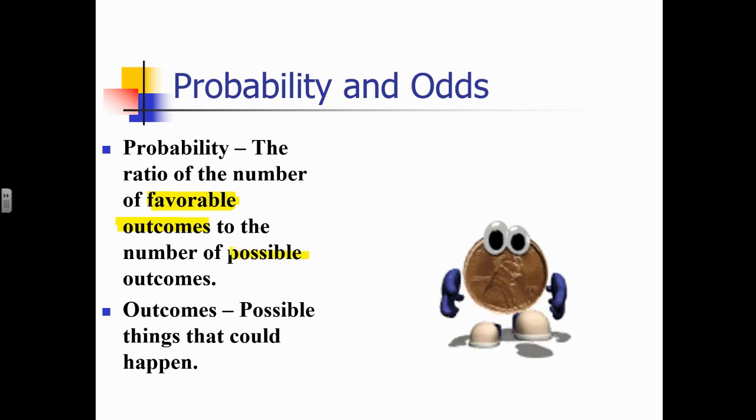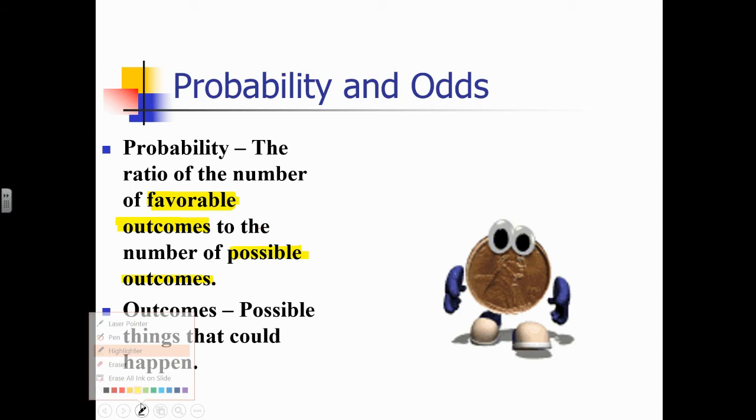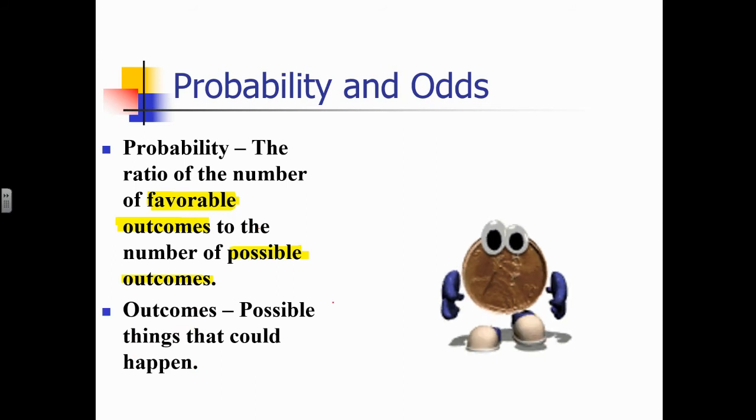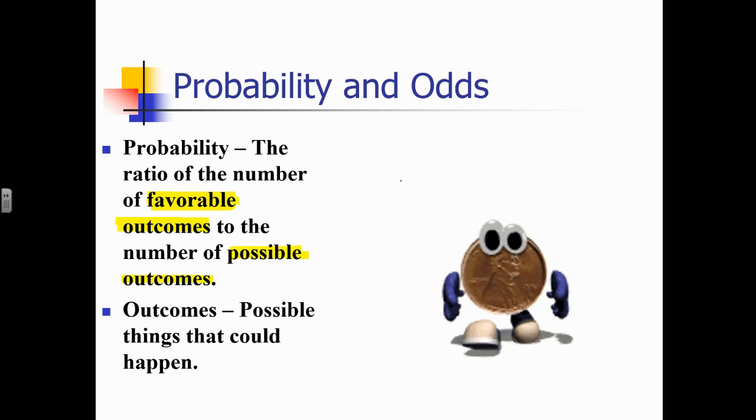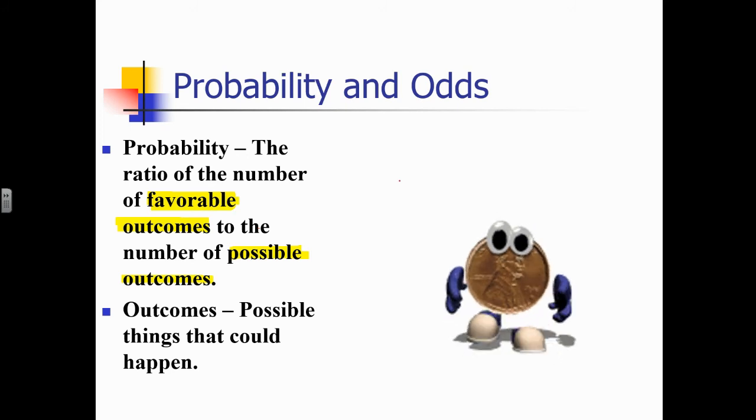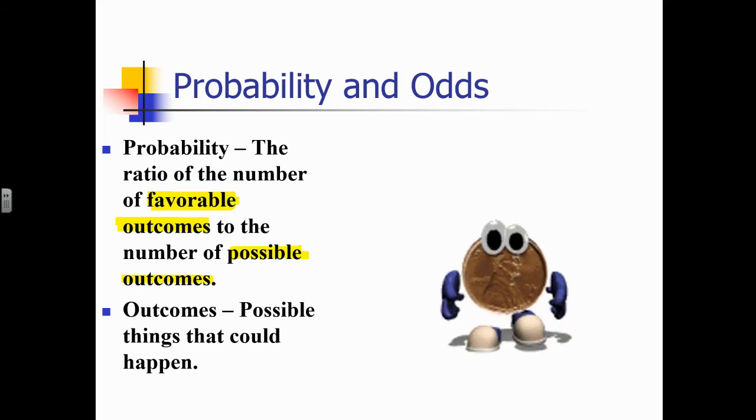And we just spent 2 or 3 days talking about a couple different ways to find the possible outcomes. So you've got Mr. Coin here, and you're talking about, okay, what is the probability that Mr. Coin, if we flip him upside down and all around, lands on heads as he is walking right now? Well, how many heads are on the face of a coin?